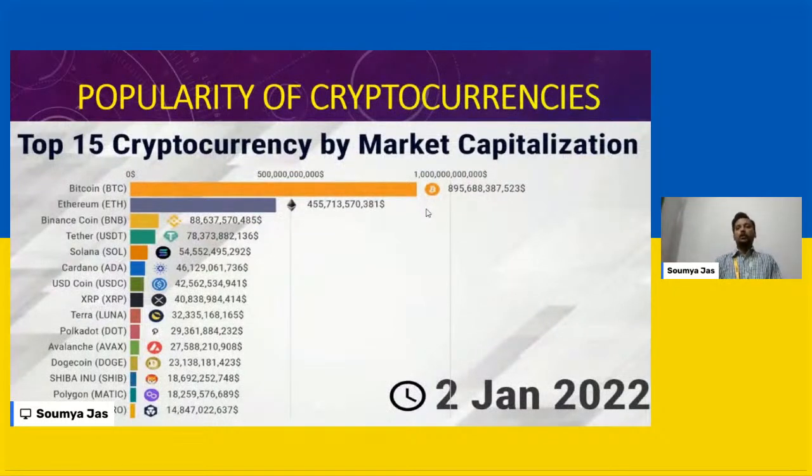Now, the popularity of cryptocurrency. This is the chart showing how much profit there is in BTC. BTC is the most popular cryptocurrency still available right now in our Bitcoin network, and it is also the oldest one.